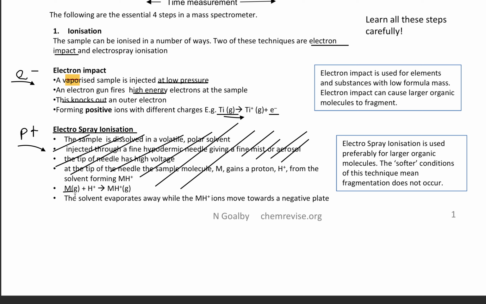The solvent is then dissolved, leaving us with a vaporized ionized sample of MH+. So the solvent evaporates away while MH+ ions move towards a negative plate.